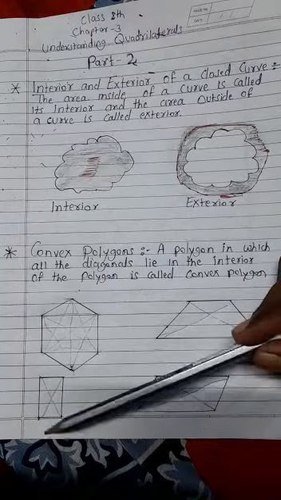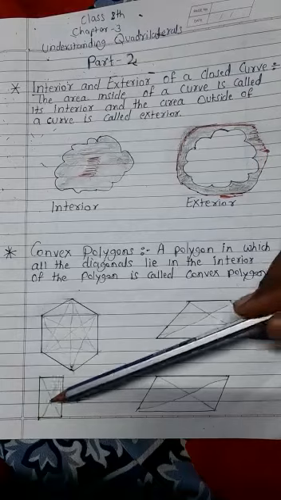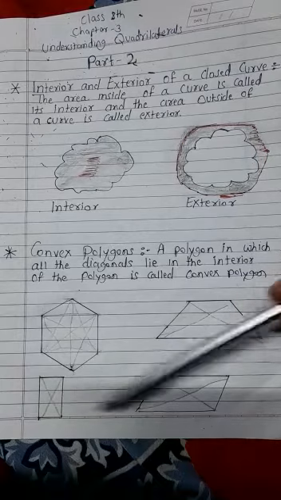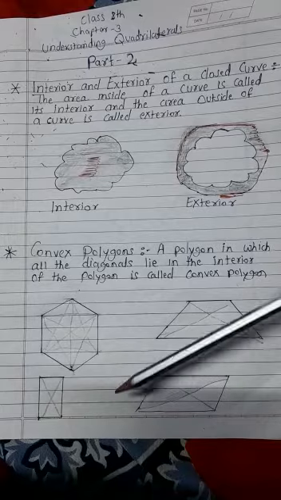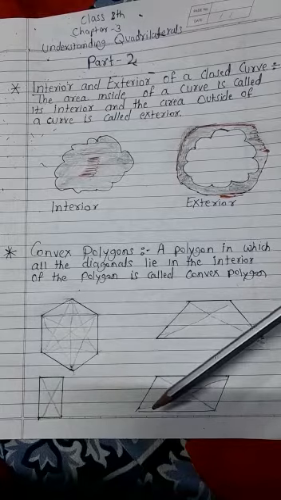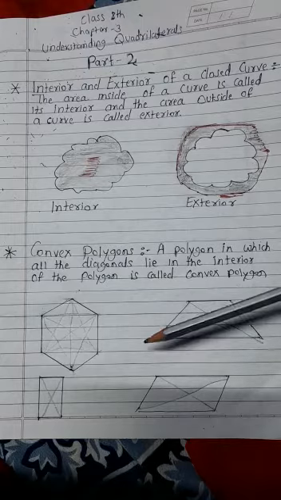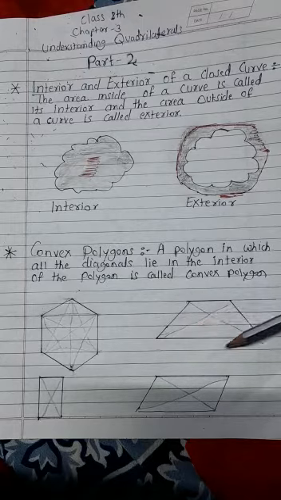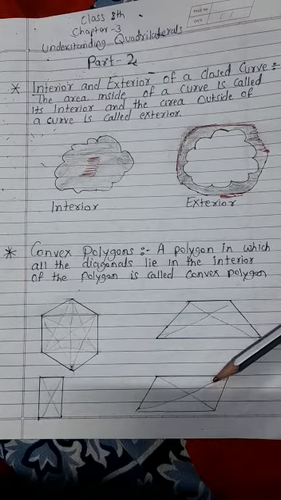Similarly for the remaining figures, you can check it all. All the diagonals of these polygons are lying in the interior of the polygon, so such polygons are called convex polygons. So simply, a polygon in which all the diagonals lie in the interior of the polygon is called a convex polygon.